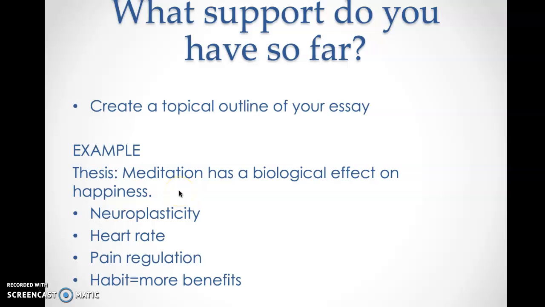And then from there, I would say, okay, what are some of the things I need to talk about to develop and prove this point? So then I would just start making a bullet list. I probably should talk about neuroplasticity, heart rate, pain regulation, making meditation a habit. There's no number that you have to have now or later in terms of number of topics.